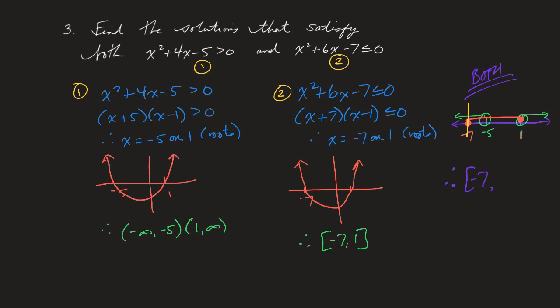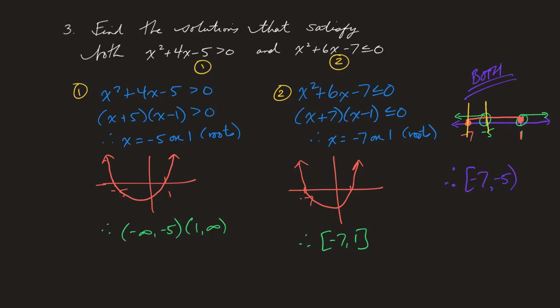And I keep seeing red and green lines until I get up to negative 5. I notice that the red line occurs there, but the green does not. It's an open circle. And so I go all the way up to negative 5, but not including it.